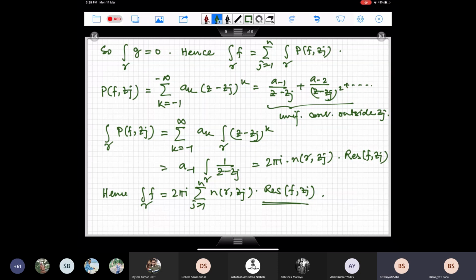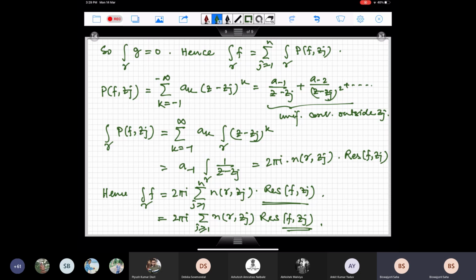Of course, here at the end I concluded with a finite sum, but you already know that other singularities lie on the unbounded connected component. So you can in fact include j bigger than or equal to 1. Doesn't matter. Anyway, it's a finite sum always.